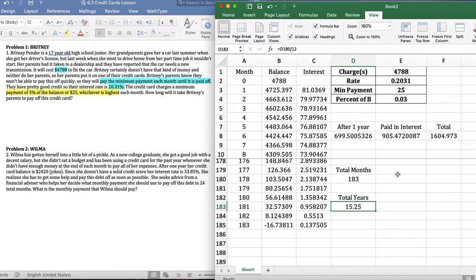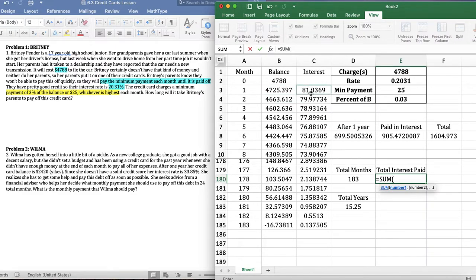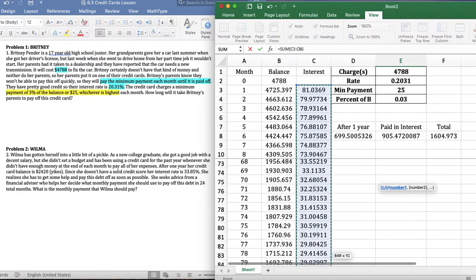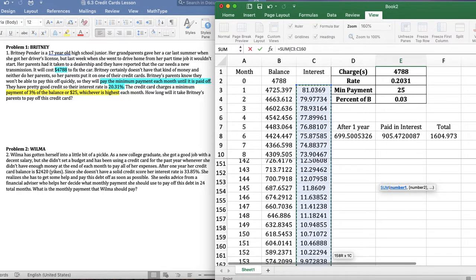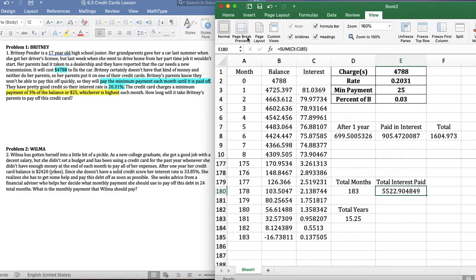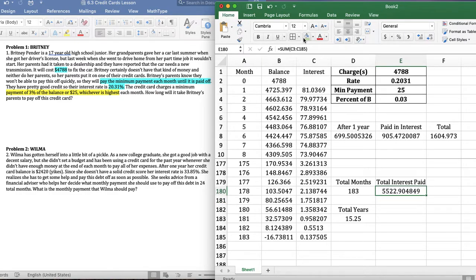And let's calculate just for fun the total interest paid over the course of this loan by summing up my interest column. I'm just going to take the sum of all of these cells. So I can see Brittany's parents are paying a total of $5,522.90.